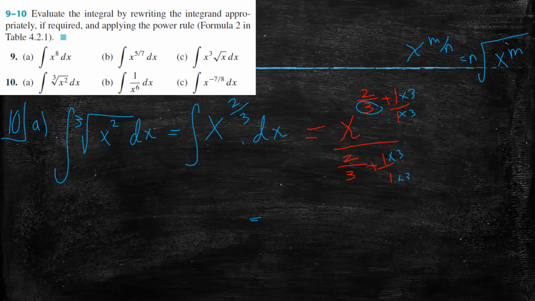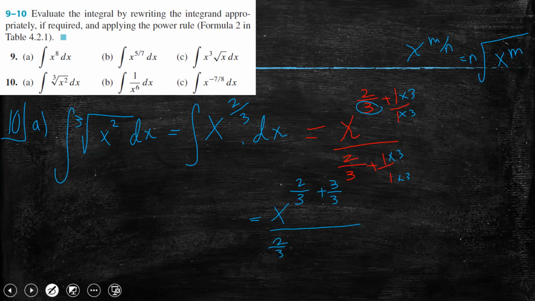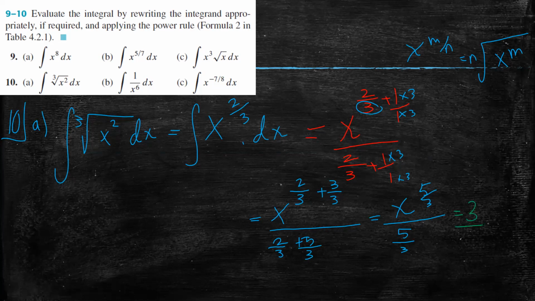So it comes like x to the power 2 over 3 plus 3 over 3, over 2 over 3 plus 3 over 3. 2 plus 3 is 5 over 5 over 3. Then its reciprocal is 3 over 5 cubic root of x to the power 5 plus c.